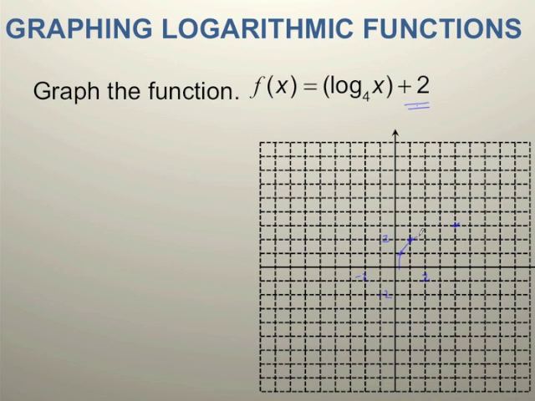And now we have our graph. The domain is from 0 to infinity, positive numbers. The range is all real numbers. All we did was move the graph from 2 pages ago up 2 spaces.